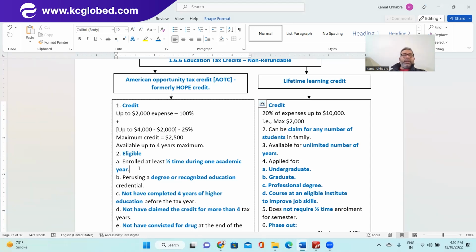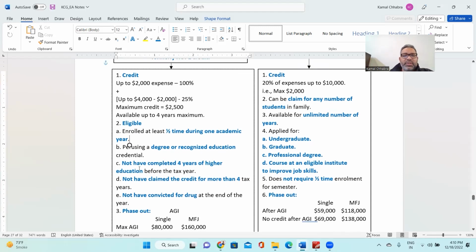In India, graduation is how many years? 3 years. Are you guys with me? So in India, we have graduation in 3 years, right? In the US, it is 4 years. So this is majorly for higher education, which is graduation and more than that, right?